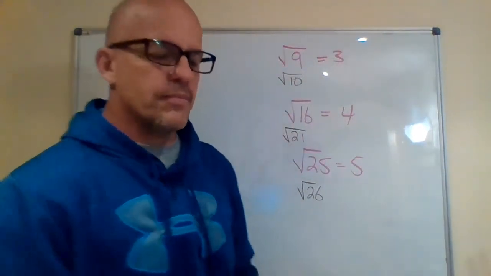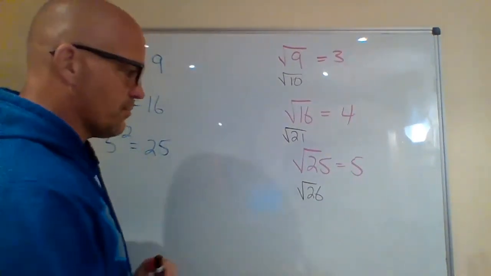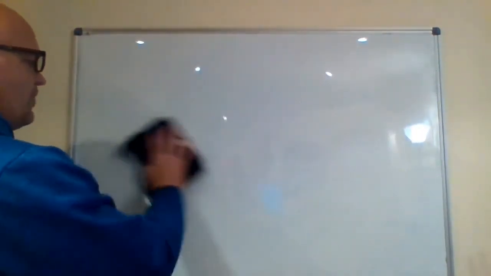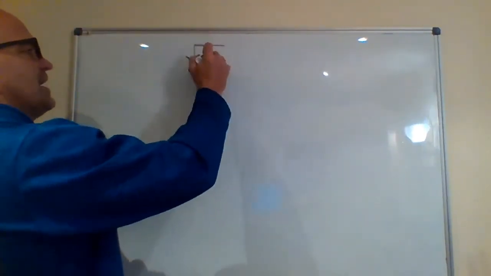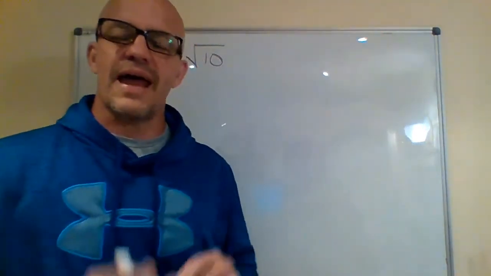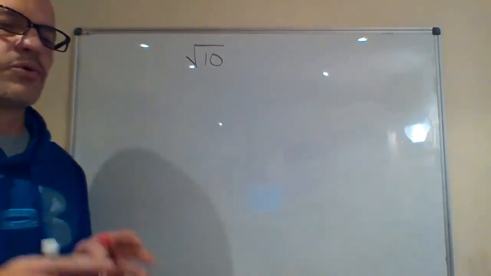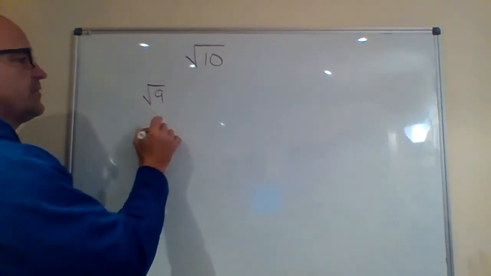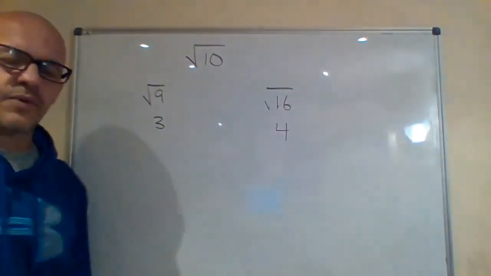So there are a lot of numbers that we put in there that we cannot find a nice, pretty number for. Now, if you think back to our sets of numbers, what that turns into is when I have the square root of a number like that, let's put that 10 there, I want to be able to look at that and say, okay, the square root of 10, since I know that the square root of 9 is 3, and I know that the square root of 16 is 4, what do I know about the square root of 10?